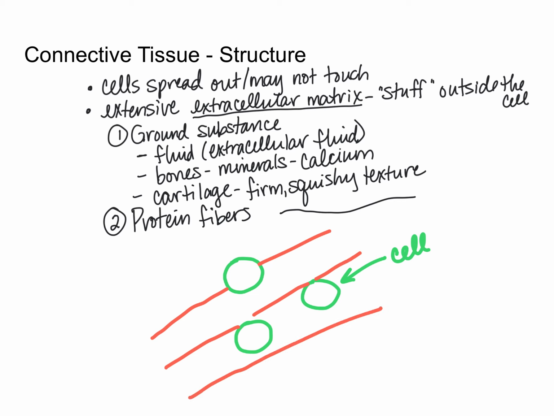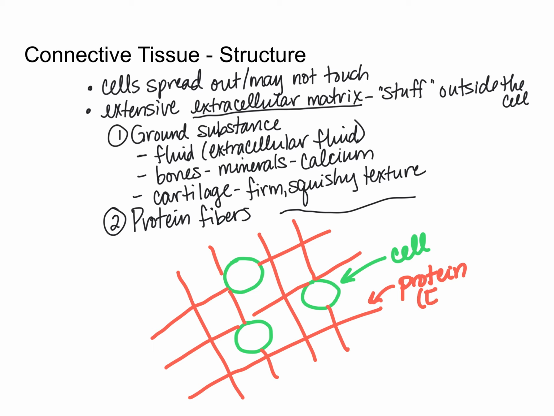And they might go in different directions. I'm just drawing it like a grid here, but we'll take a look at some pictures of what these look like through a microscope. And you'll see that the arrangement of these proteins can be very different depending on what the tissue is. But these would be the protein fibers of the extracellular matrix.